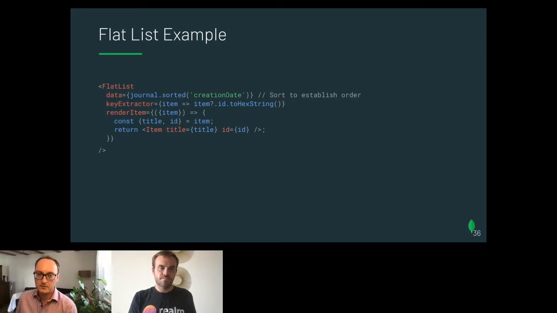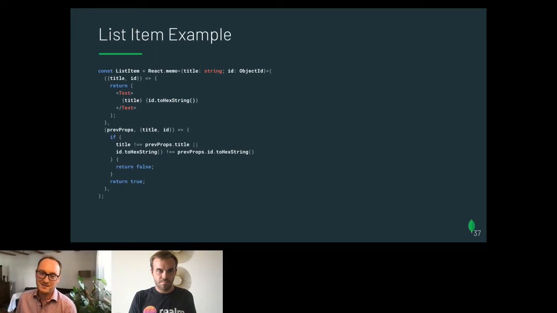I did intentionally put a mistake in here. ID is an object, so you will have to be careful if you do it like this, and I'll show you how that's done. You could just set it to string, and then you wouldn't have to provide this extra function, but on purpose, I decided to put the object in to show you how you can check the properties and update this.